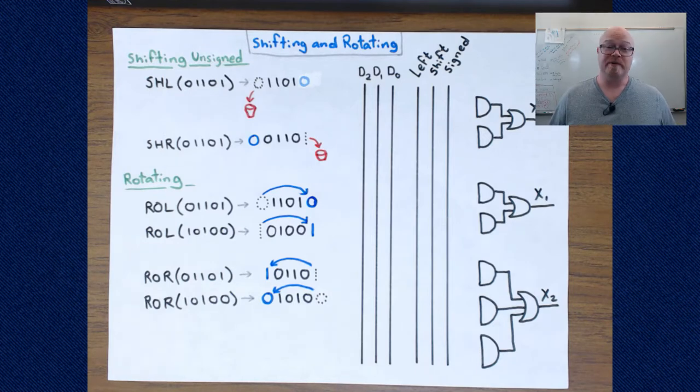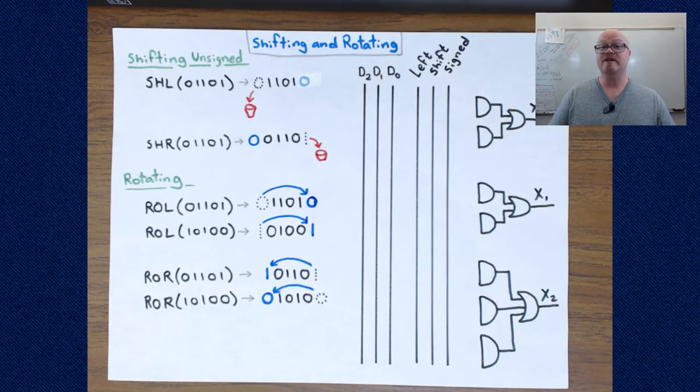But also, we want to make this circuit complete. And so when we're doing shifting, particularly shifting to the right, we want to pay attention to that highest order bit up here. We want to make that highest order bit sign extend as things shift over. So we need to make one circuit that does all of that. Let's start with a real simple model for one.